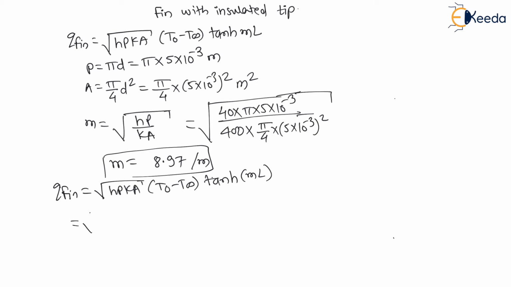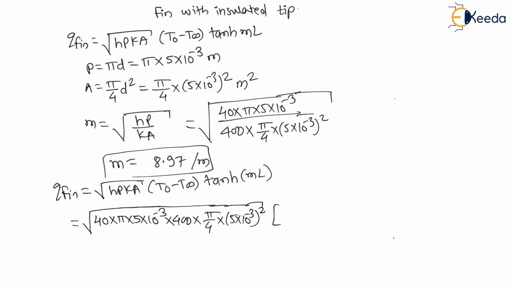Under root, h is given as 40, into the perimeter we have calculated, pi into 5 into 10 to the power minus 3, into thermal conductivity 400, into area pi by 4 into 5 into 10 to the power minus 3 whole square.